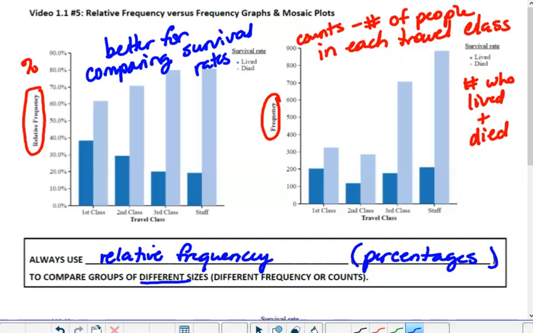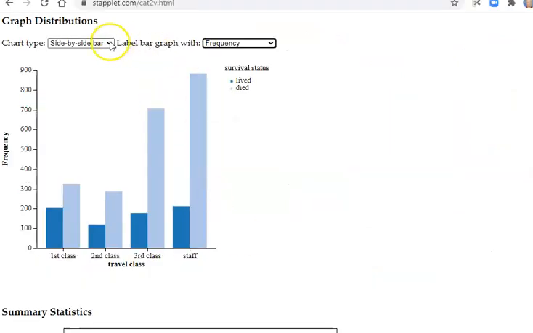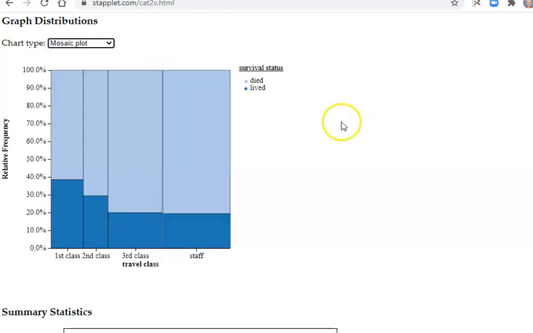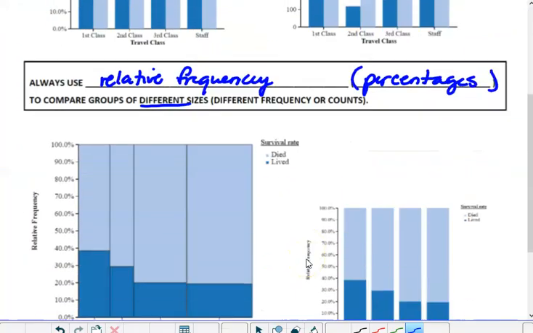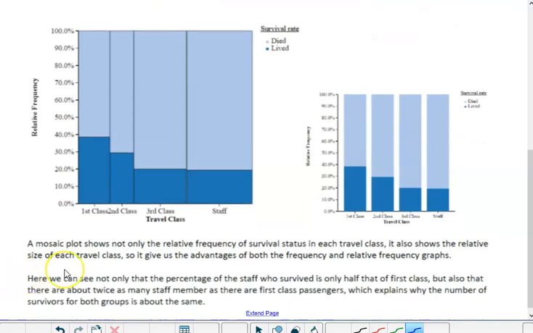So if we go back to our chart type here in our applet and look at the Mosaic plot, notice not only are the segments of the bars different, but the widths of the bars are different. So this gives us two pieces of information. So we go back here, and I have this summarized down here.